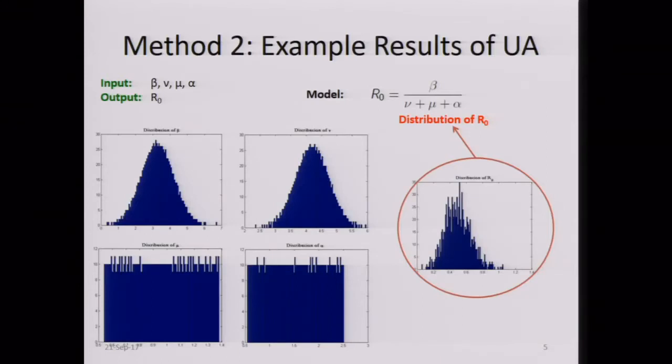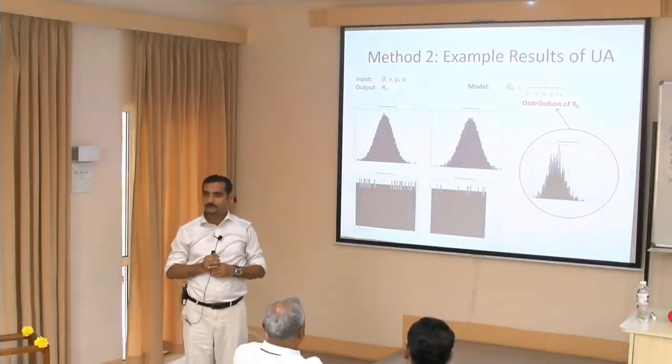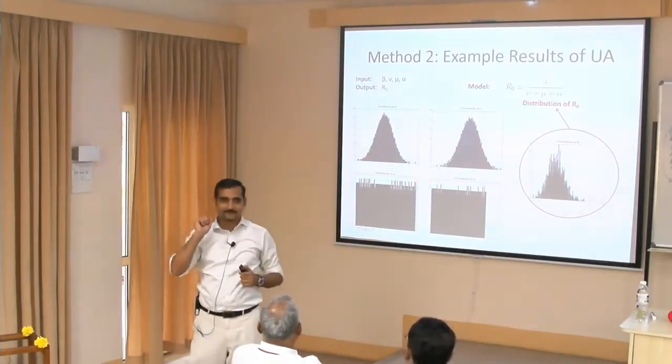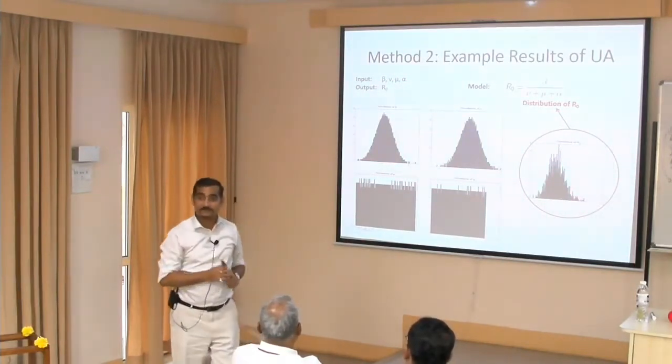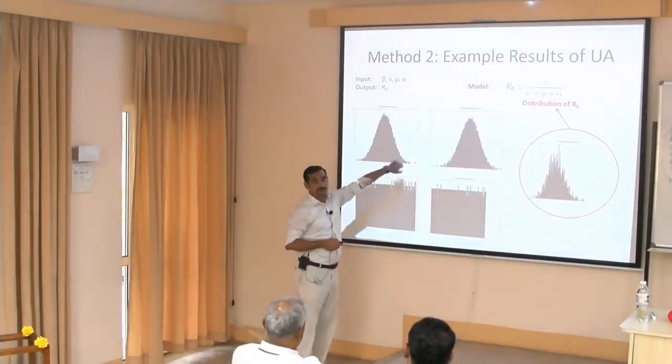So if I randomly sample one value from here, one randomly from there, and so on, I will get a randomly generated R0 value, because I have not introduced any bias into the sampling. You know what sampling means? I close my hand and I take one, but I have to be careful to sample such that the shape of the probability distribution is maintained.